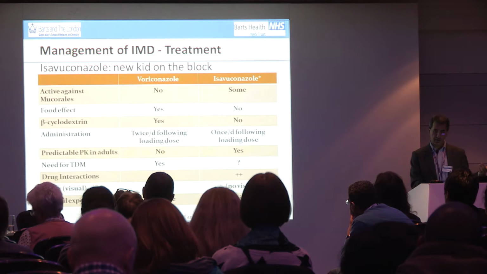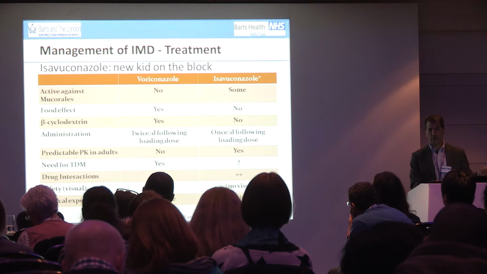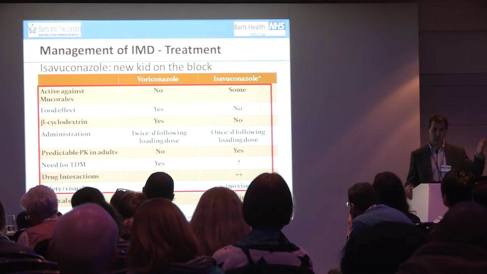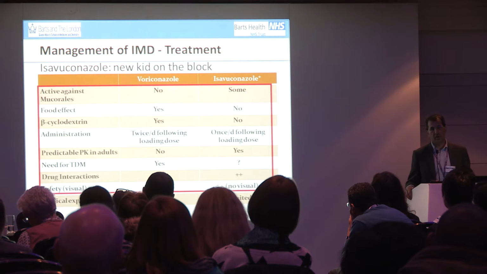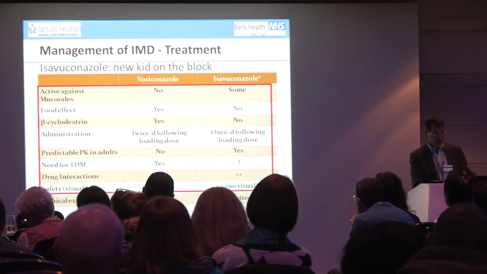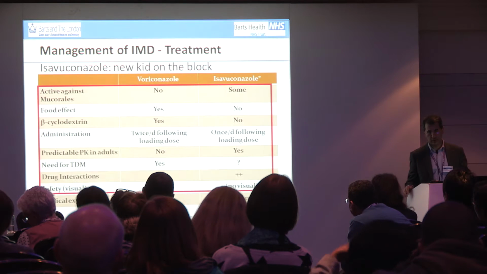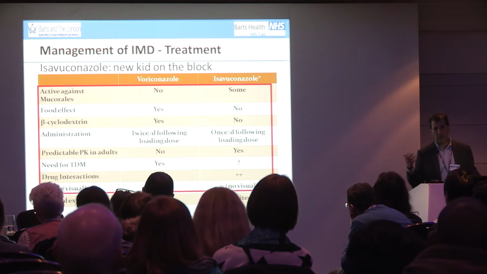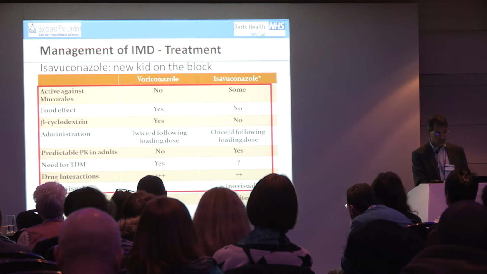So this compares voriconazole, currently regarded as being the first choice for invasive aspergillosis, against isavuconazole. And you'll see if you look at all these various parameters here, that isavuconazole performs better than voriconazole. So for example, if you look at food effect, that has a significant influence on voriconazole, and some of you may be aware even more so on another azole, posaconazole, then that's not relevant to isavuconazole.